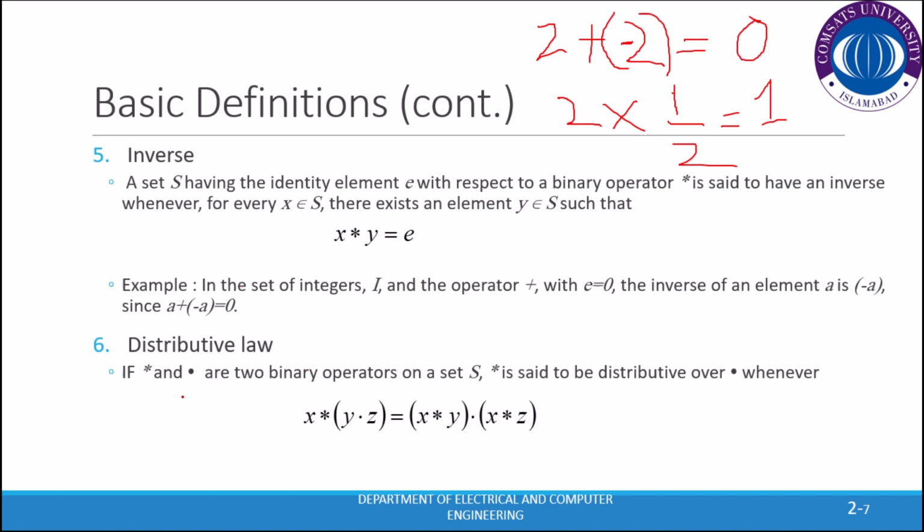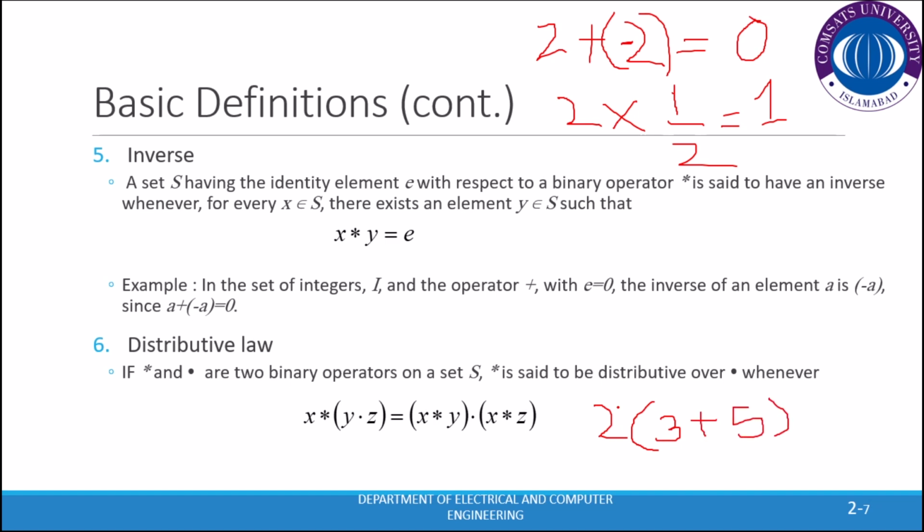Now comes distributive law. For distributive law, there should be two binary operators on set S, and we all know that X * (Y . Z) is equal to (X * Y) . (X * Z). This is distributive law, and I can explain it with the help of this example from our simple mathematics.